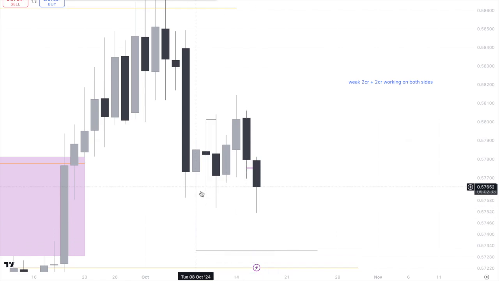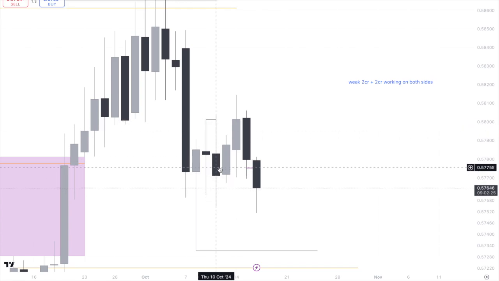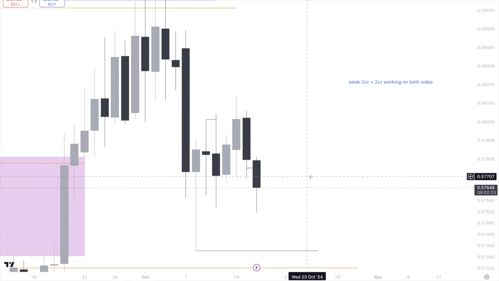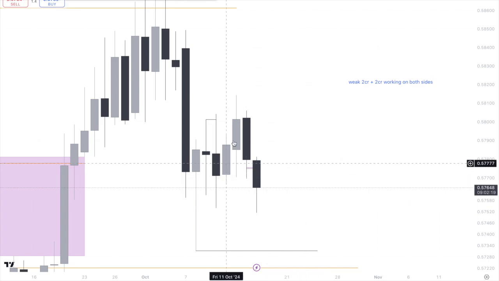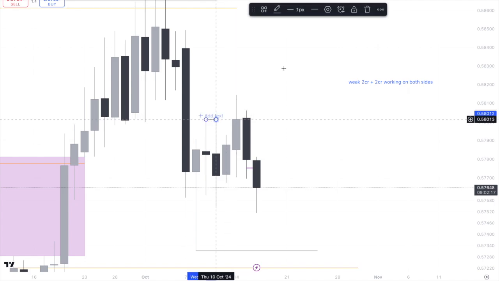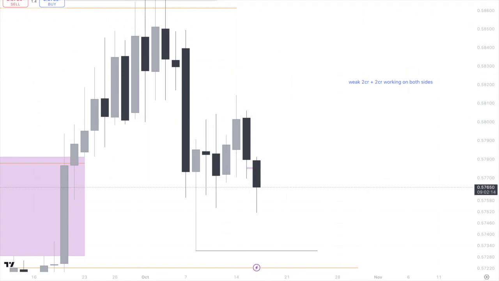But that would have been the most recent one. So you swept this, and then you swept this, but it's still a down candle, so that looks like a decent rejection. But then, yet again, we come back up and we sweep. Now, the new boundary would be this.